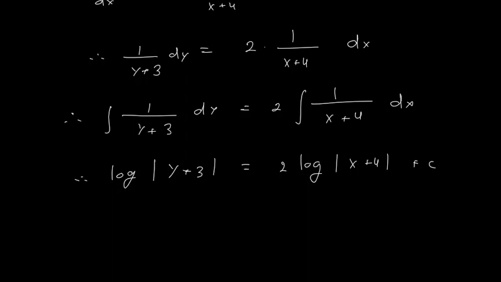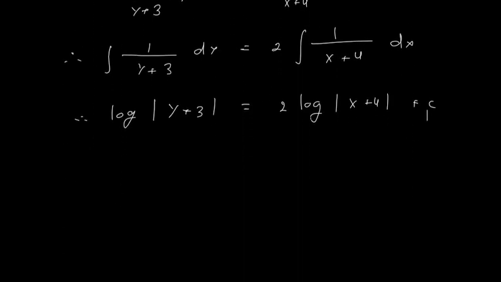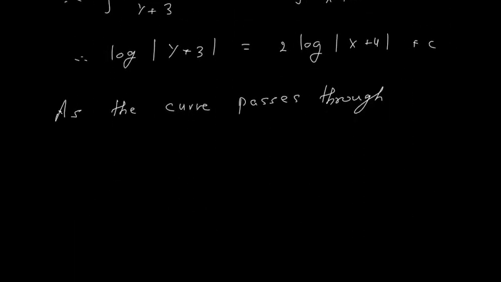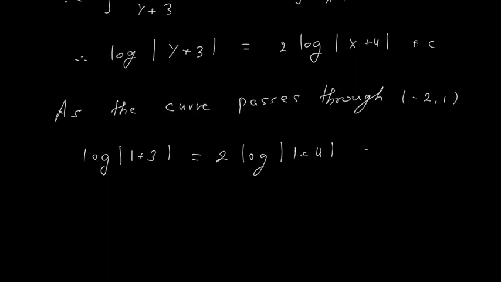Now the curve passes through (-2, 1). As the curve passes through (-2, 1), we put 1 in place of y. So we get log(1 + 3) = 2 log(-2 + 4) + c.